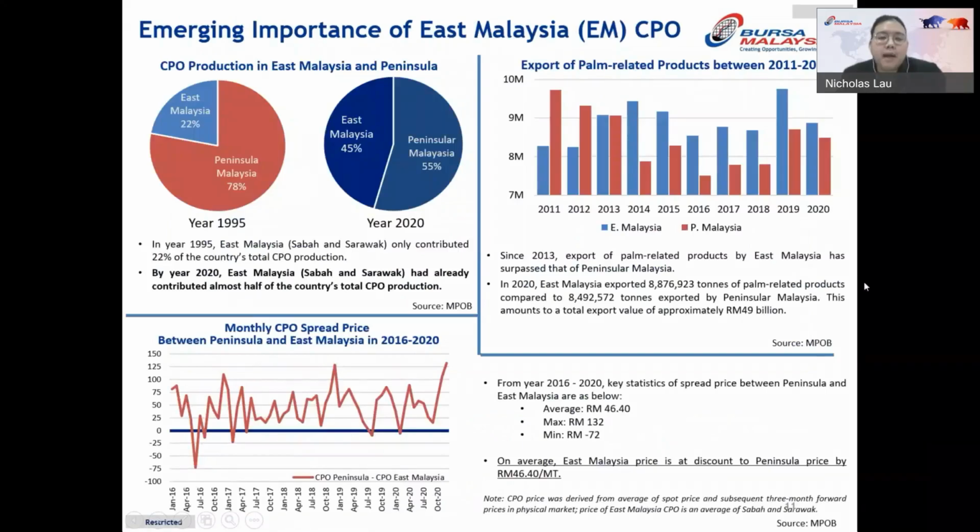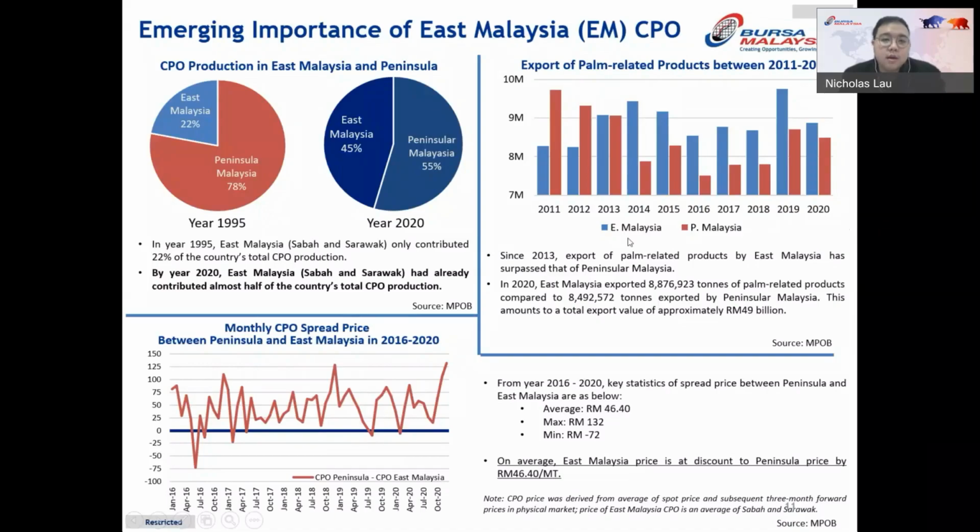So a bit of background behind how this contract came about and how this idea was sparked. We spoke to many palm companies and industry players from East Malaysia, and from the information we gathered, as well as our jurisdictional studies and research, we found that the East Malaysian palm oil industry has witnessed significant growth over the years as compared to Peninsular Malaysia.